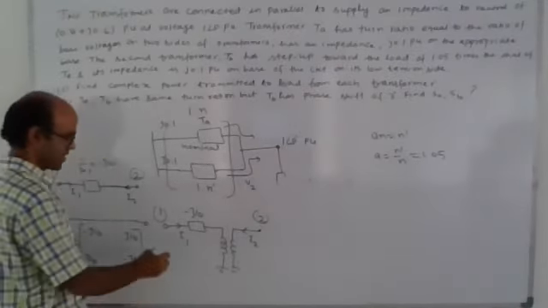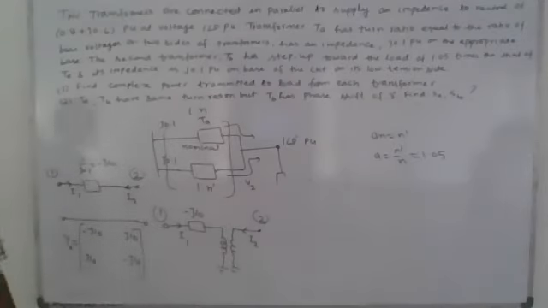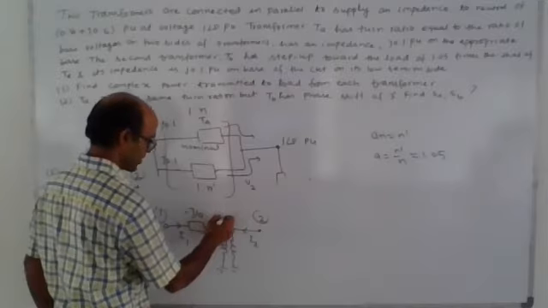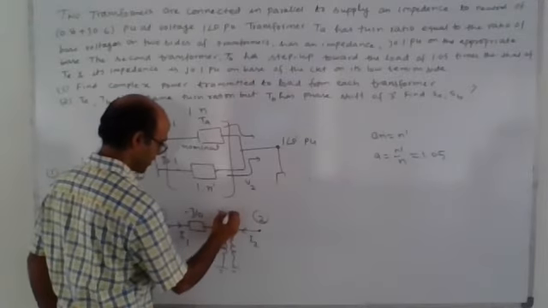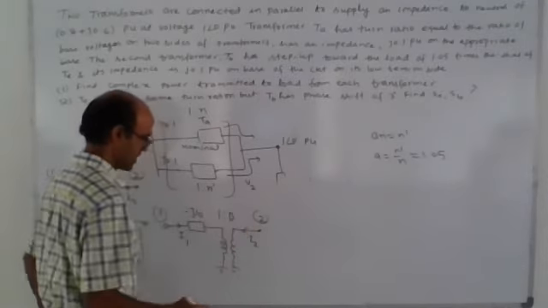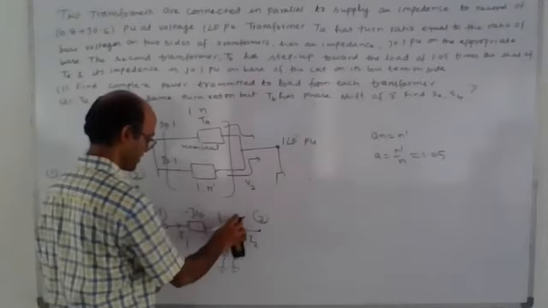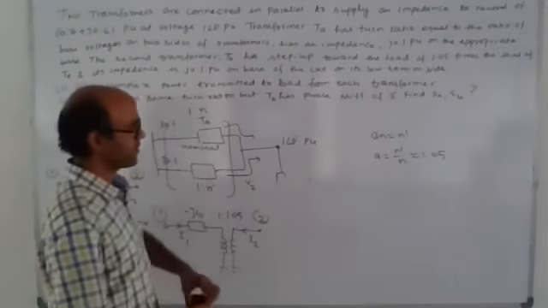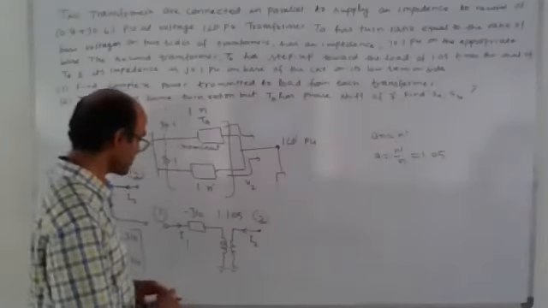So what are the Y parameters of this? That we find. I had you find the parameters for the regulating transformer earlier. How do I find Y parameters for a regulating transformer? The turn ratio is given as 1:a.